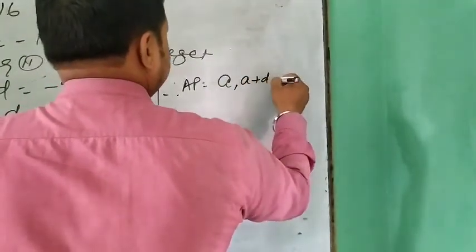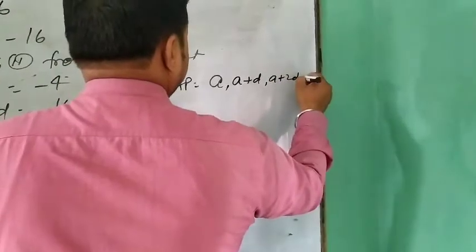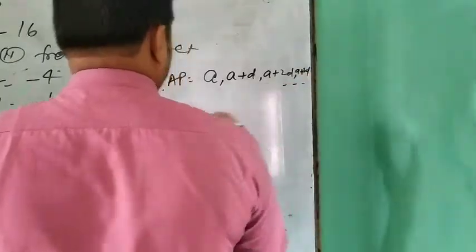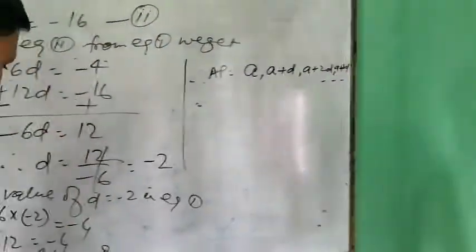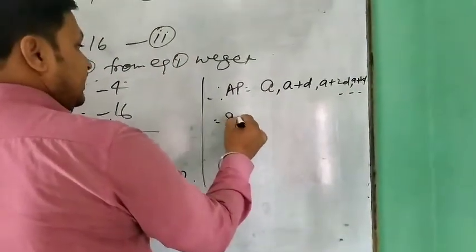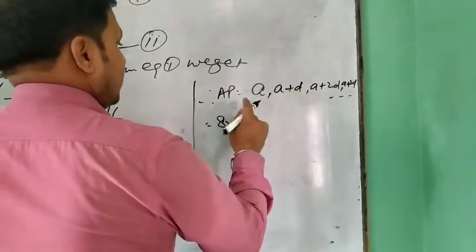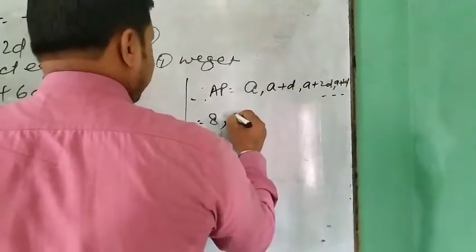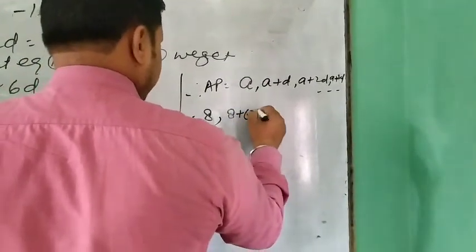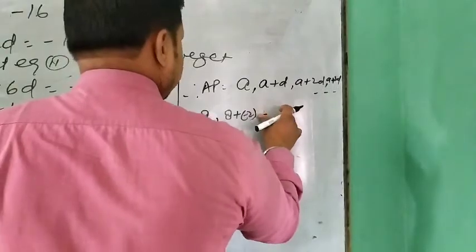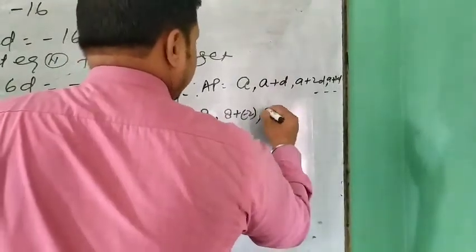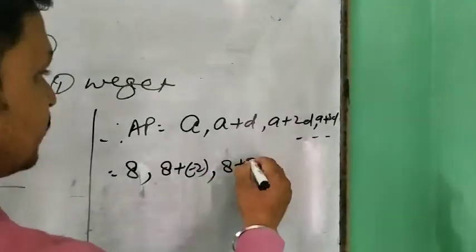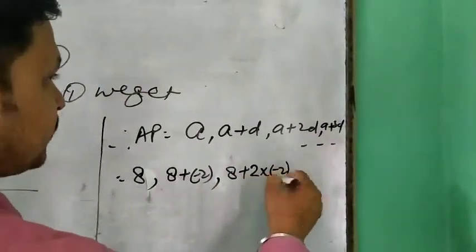The terms are A, A plus D, A plus 2D, A plus 3D, and so on. So your first term is 8, the second term is 8 plus minus 2. Your third term is 8 plus 2 into minus 2.